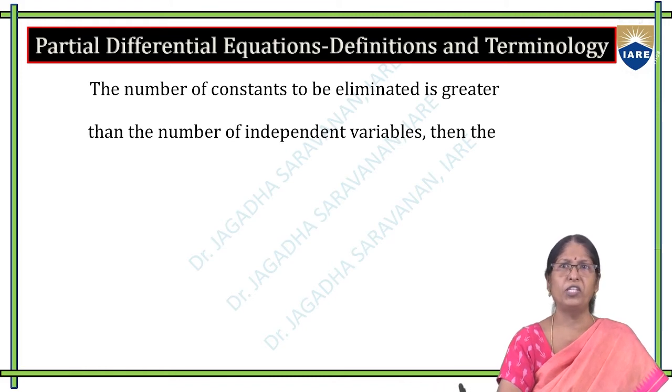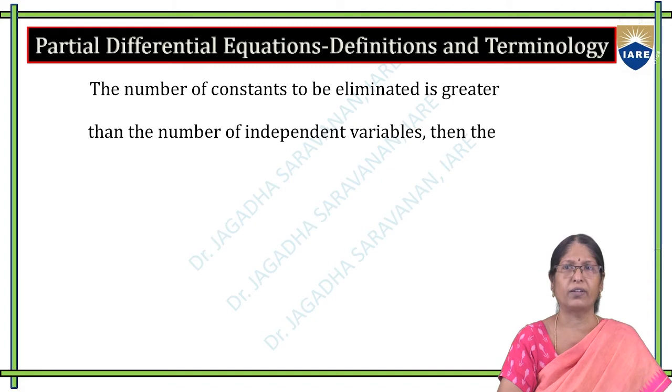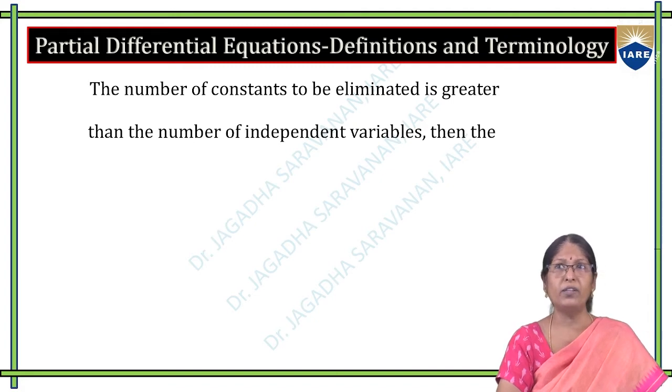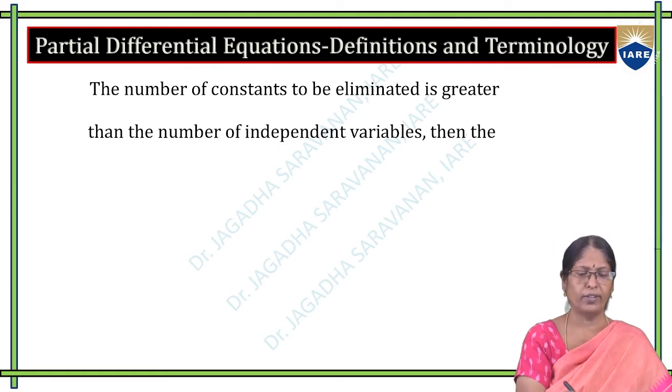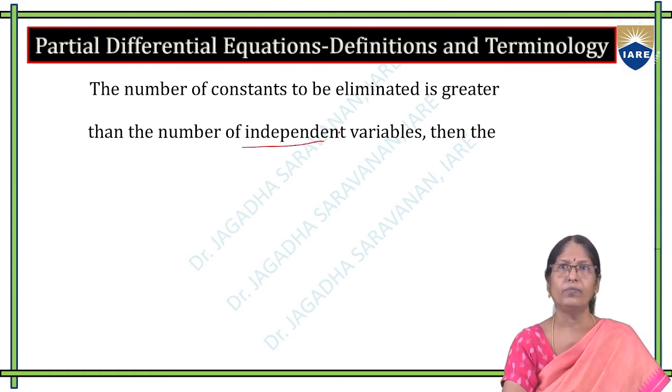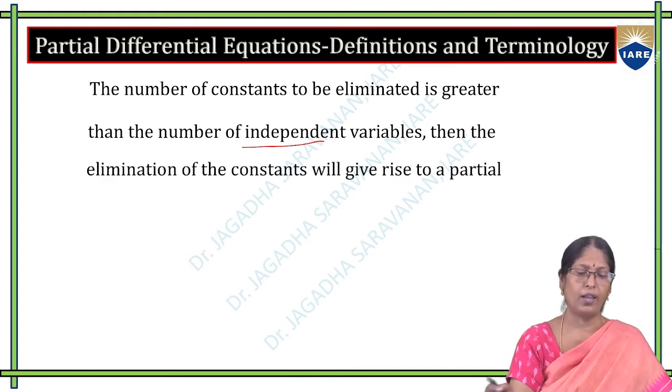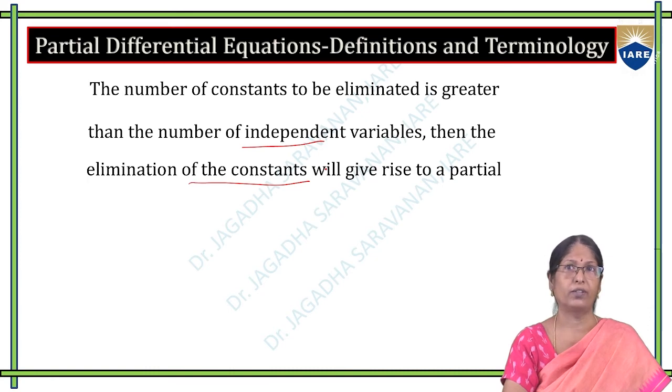To eliminate the constants, how many constants are there? So we can see here the number of independent variables and how many constants we have to eliminate.